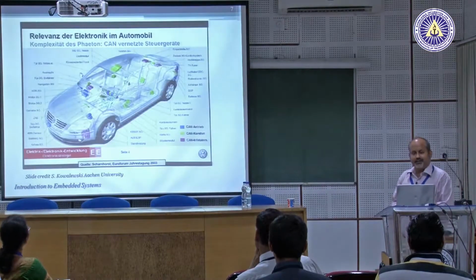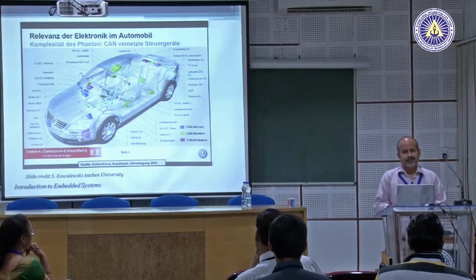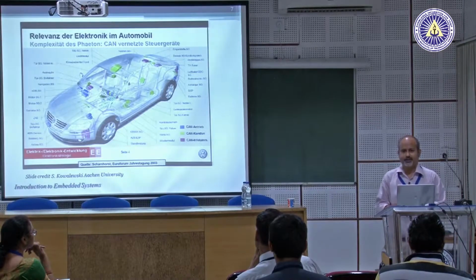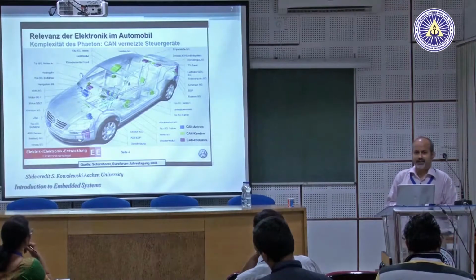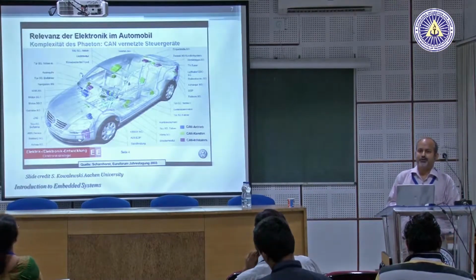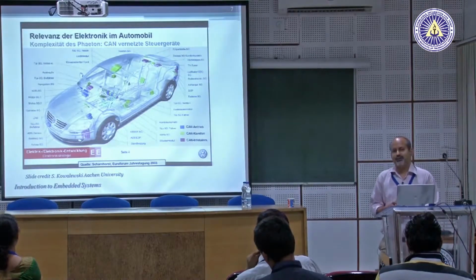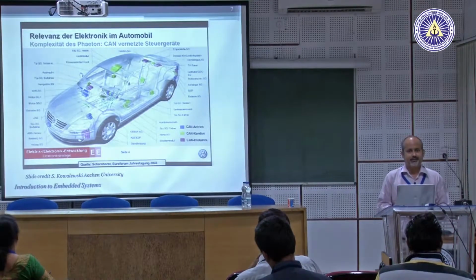Now your car, if you have a car, probably has more than 50 microprocessors. In a high-end car, it's more than 80 microprocessors, and they are connected by certain kinds of protocol buses, and then there is software running on them. They say almost 75% of the innovation in today's car is in the embedded system in the car, and not in the mechanical components.